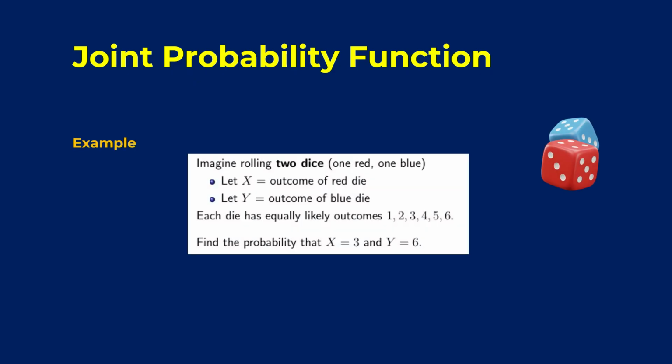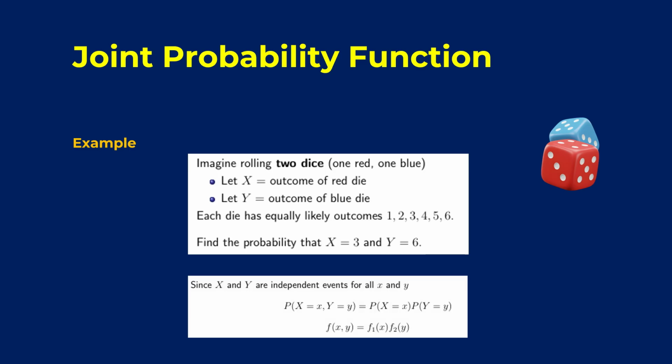Imagine rolling two dice, one red and one blue. Let's say x is the outcome of the red die and y is the outcome of the blue die. Now each die has equally likely outcomes that are numbers from 1 to 6. And we are interested in finding the probability that x is equal to 3 and y is equal to 6.